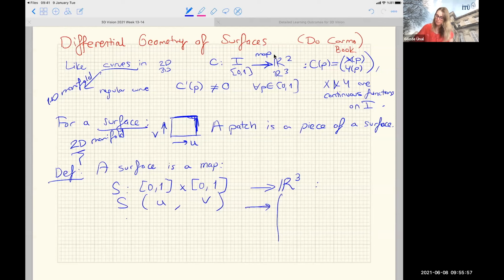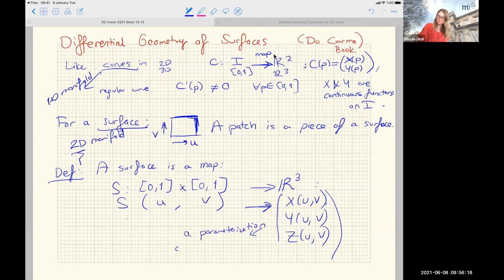S(U,V) is really a mapping: X(U,V), Y(U,V), Z(U,V). Again, of course, these X, Y, Z are continuous functions on this UV patch. This is called a parameterization of your surface S.